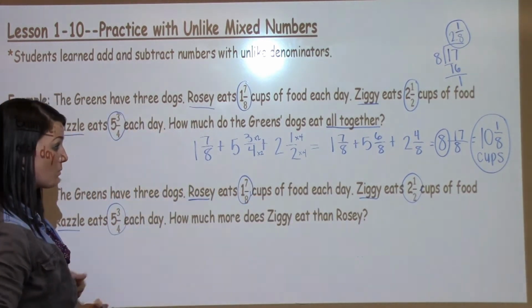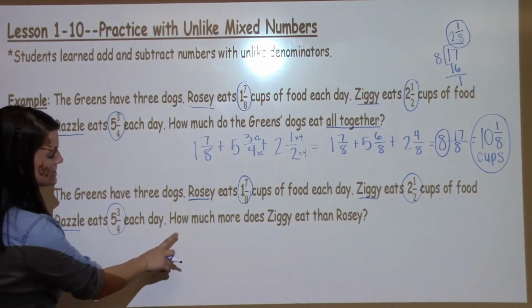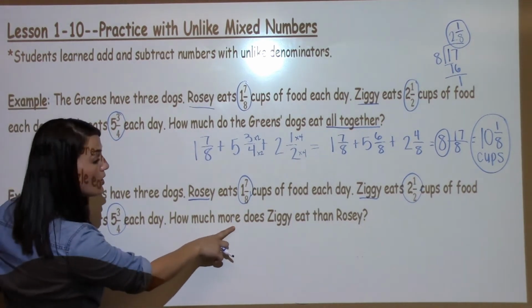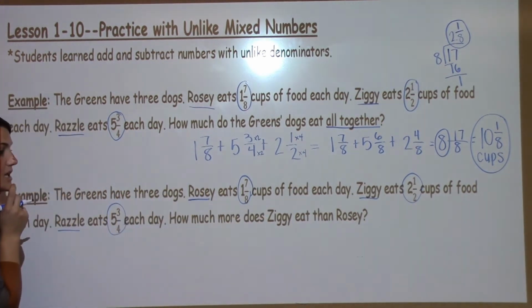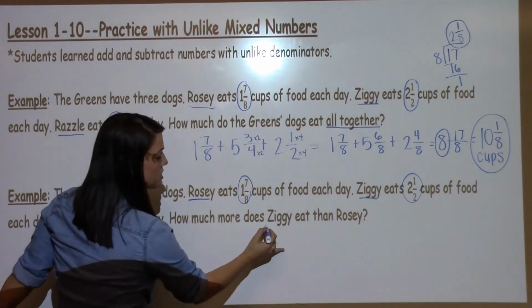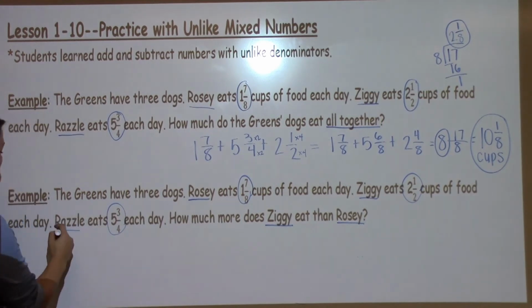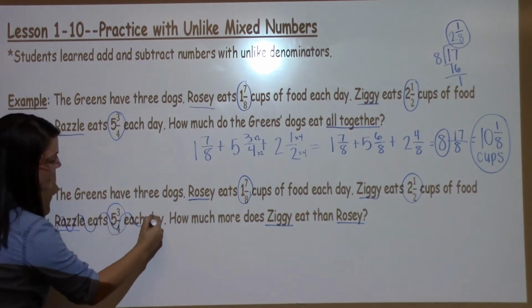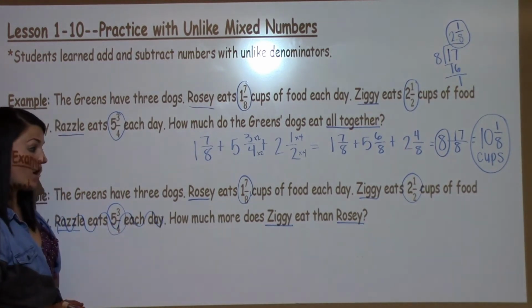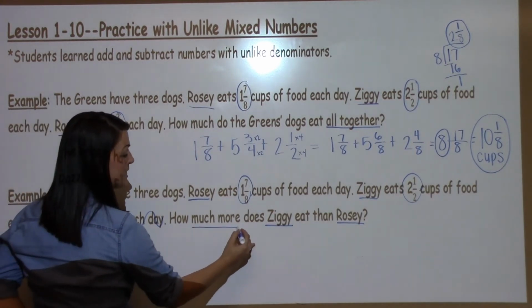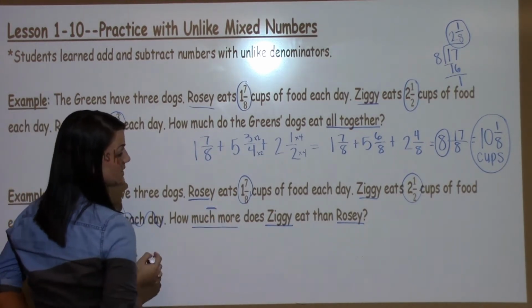We've already done a lot of the work. So let's see what this problem wants us to do. It says, how much more does Ziggy eat than Rosie? So I'm just focusing on Ziggy and Rosie, which means I don't have to worry about Razzle in this problem at all. How much more tells me to subtract.